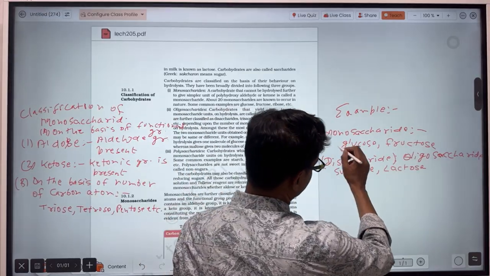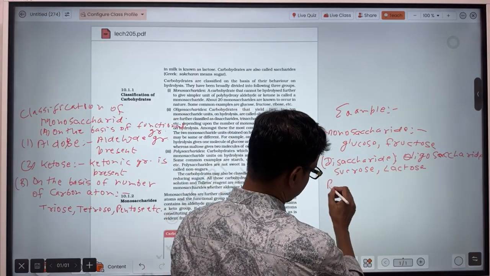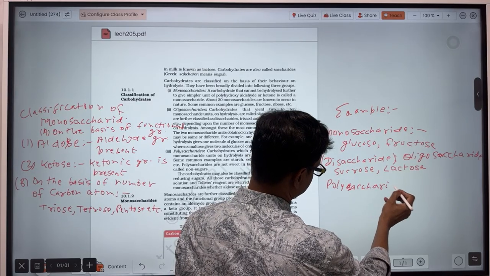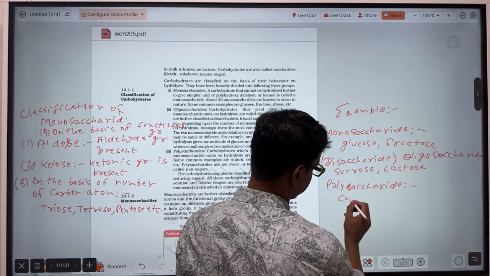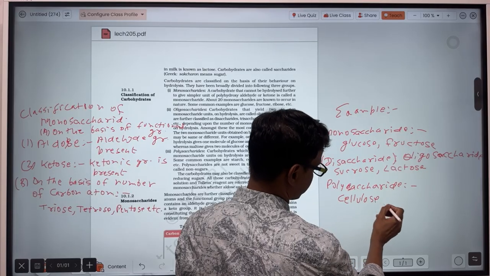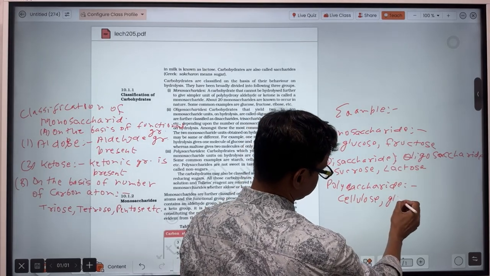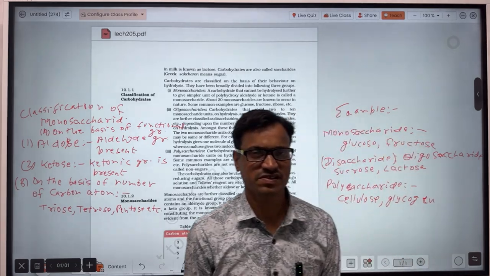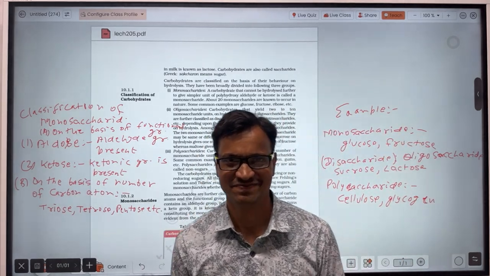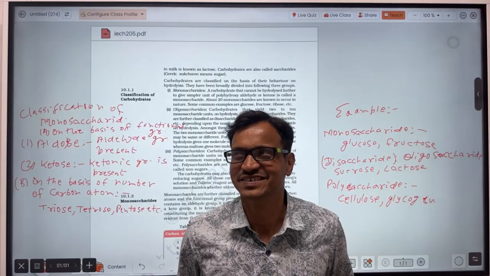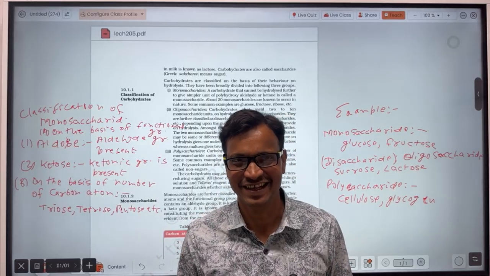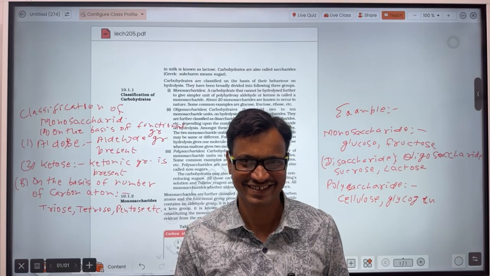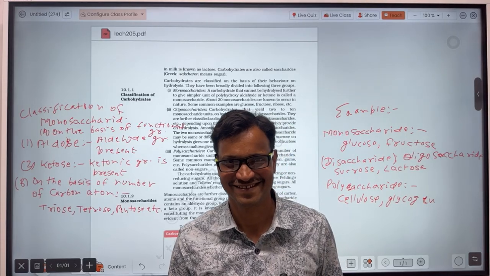The third one is polysaccharide. Examples are cellulose and also glycogen. Glycogen is found in the muscles of animals. Whoever is non-vegetarian might have realized that the taste of meat is not sweet.